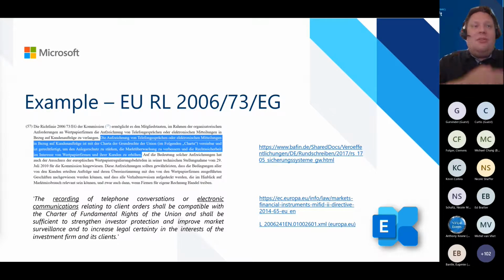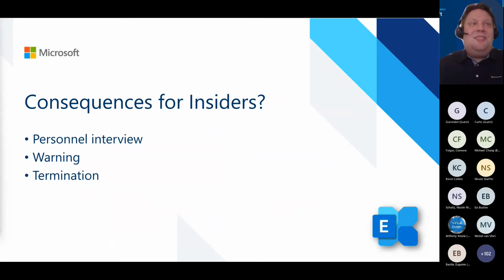So we have law that allows us to use communication compliance to control the communication or what happened in exchange. And some of you are asking, okay, what are the consequences? Typical consequences when you find someone in the stock market: you have personal interviews, warnings, termination of the contract.